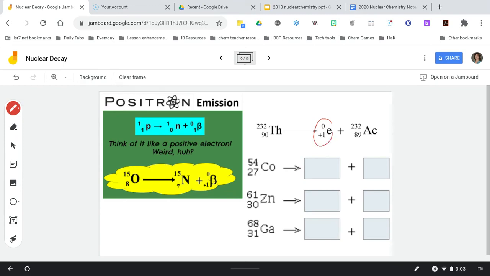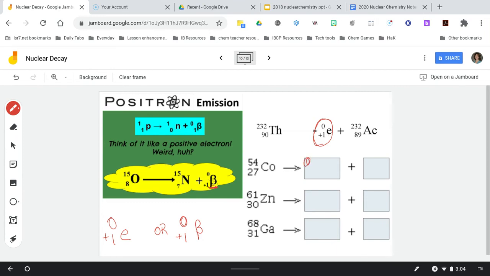I've got 0 over a positive 1. Okay, notice I'm still using that E. You could also use the beta symbol as you do here. So you can have no mass, positive charge with the E for the positron, or you can have no mass, positive charge, and the beta symbol.